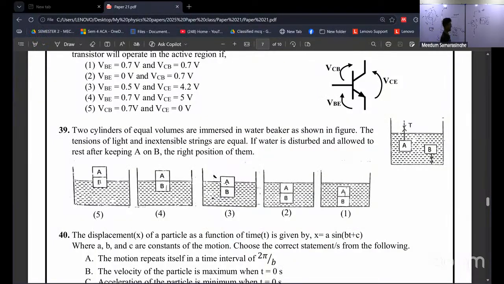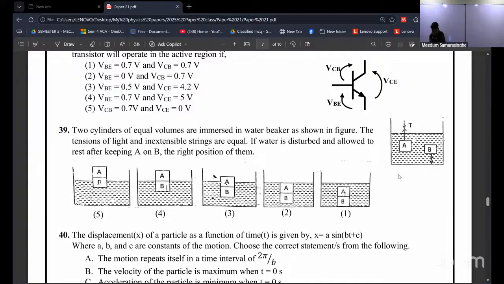This is the question. Two cylinders of equal volumes, that is the most important point.